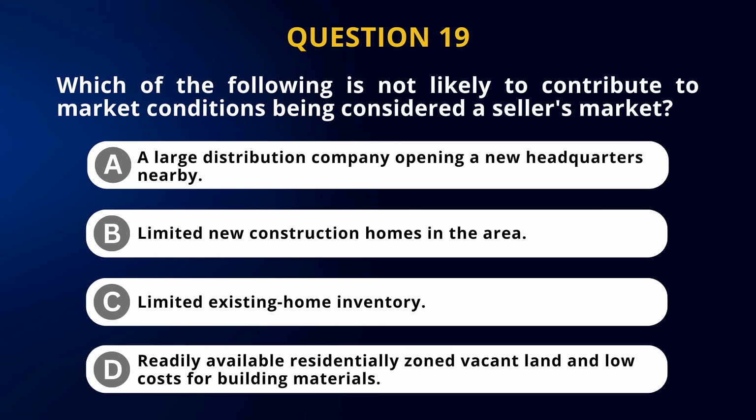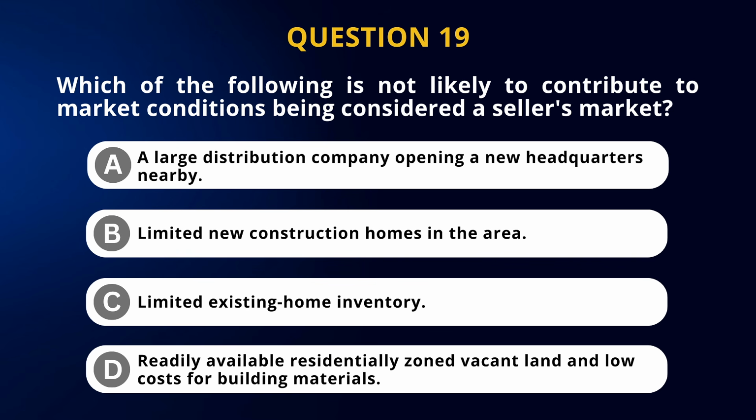Question number 19. Which of the following is not likely to contribute to market conditions being considered a seller's market? Letter A, a large distribution company opening a new headquarters nearby. Letter B, limited new construction homes in the area. Letter C, limited existing home inventory.